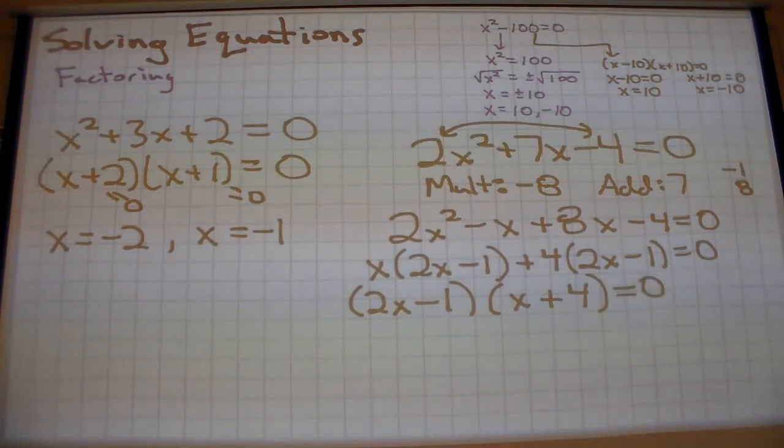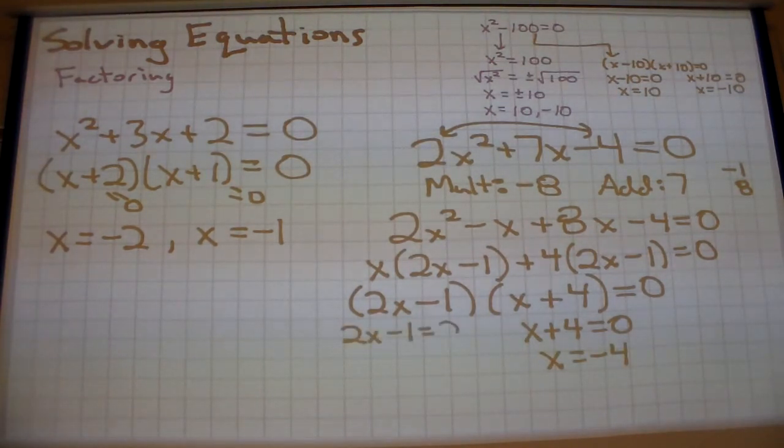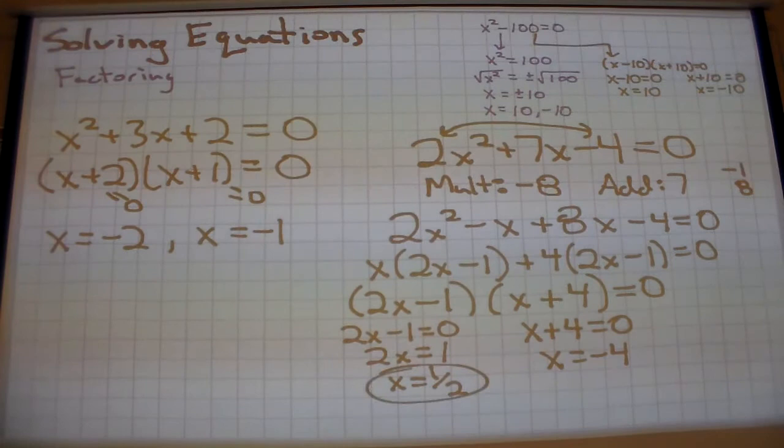So we did this to get to the factored form. Now we set each factor equal to 0. x plus 4 equals 0 gives us x equals negative 4. And then 2x minus 1 equals 0. Let's add 1, divide by 2, we get 1/2. We have 1/2 and negative 4.